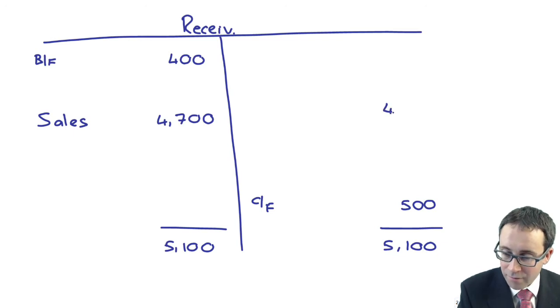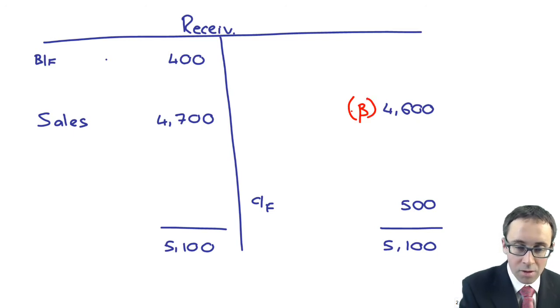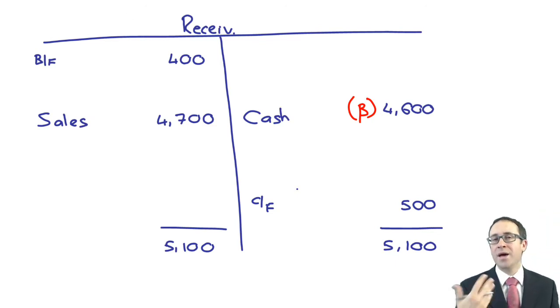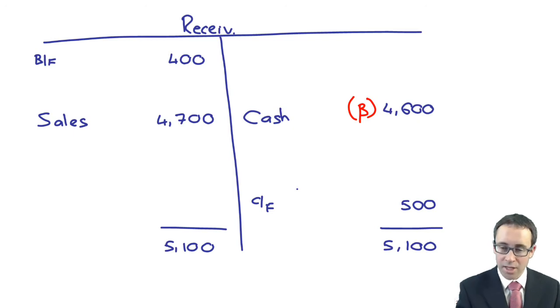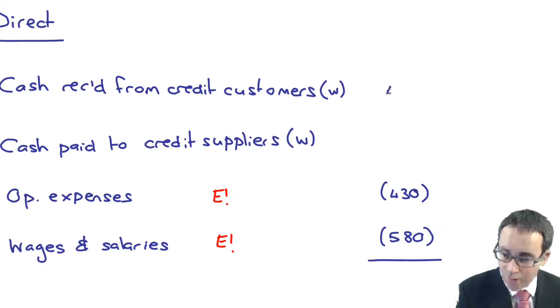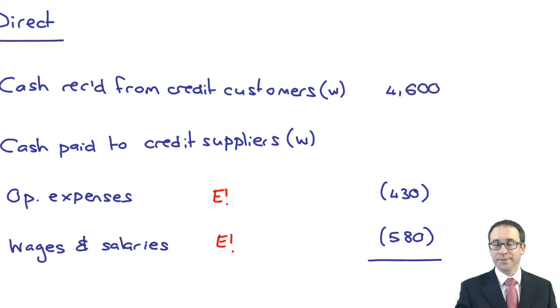That gives me a balancing figure of 600. That there is your cash that you have received from your credit customers, as you've debited bank, credited the receivable. So the movement has given us an inflow of 600. Okay, excellent.